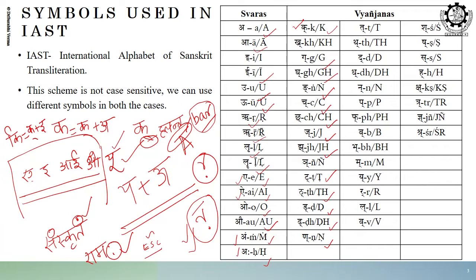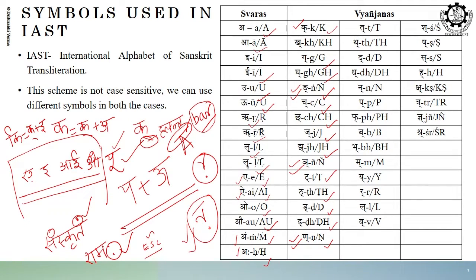So, the fifth sound of each group, like ng, ny and n lower dot, is the fifth sound of each group, because we have 5 groups in our Varnamala. In the list of the Vyanjanas we have 5 groups.